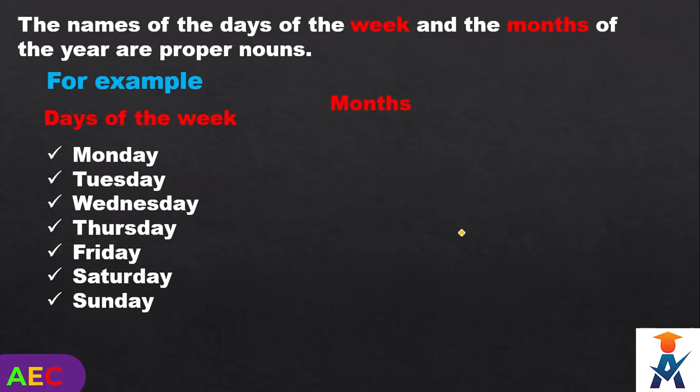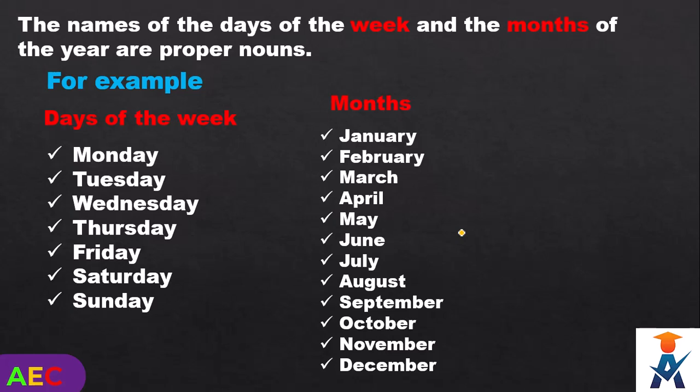Months of the year: January, February, March, April, May, June, July, August, September, October, November, and December are proper nouns.